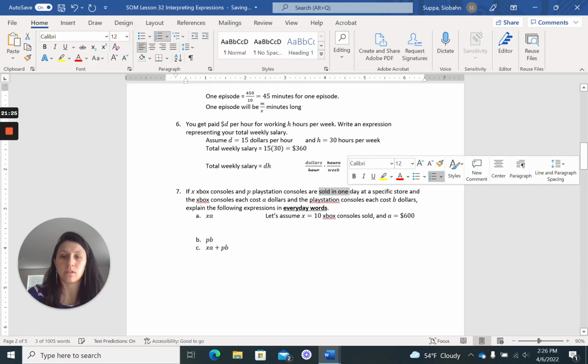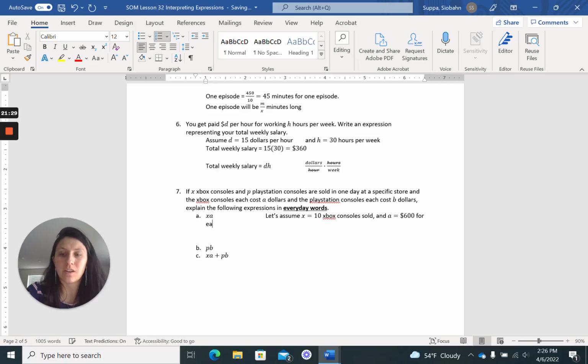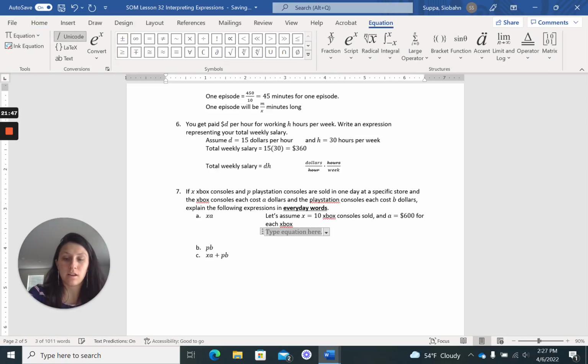It says right here, are sold in one day. Okay, so $600 for each Xbox. There we go. So I'm just making my assumptions here very clear for myself, so it's easier to interpret what this expression means. So now if I assume those things, then I will know that X times A is 10 times 600, so that's like $6,000.